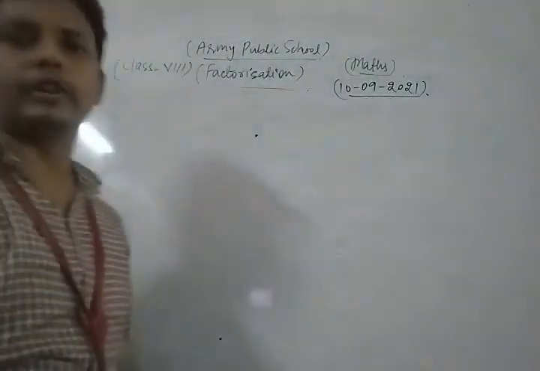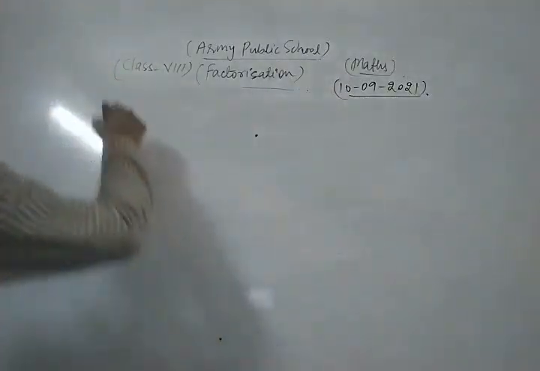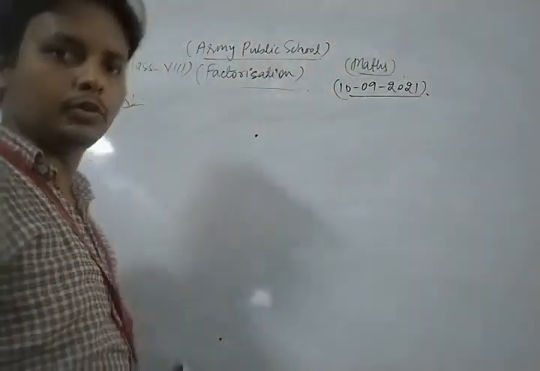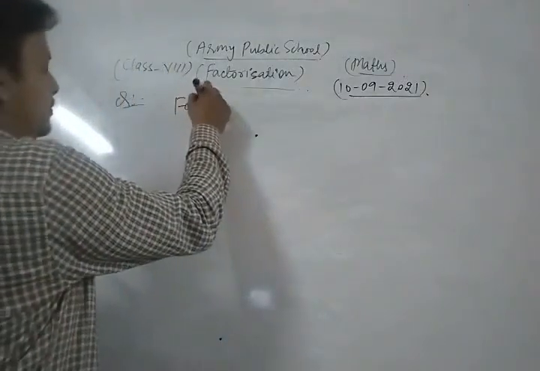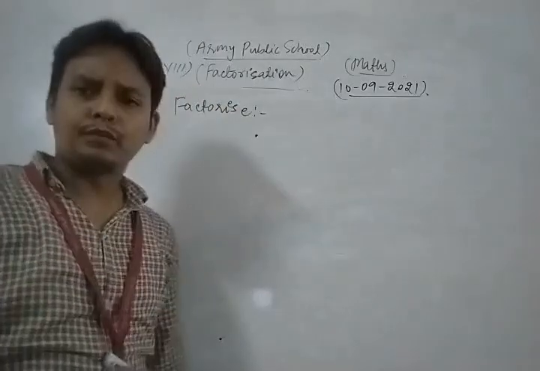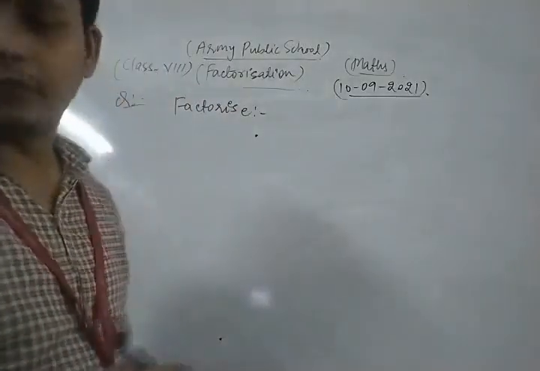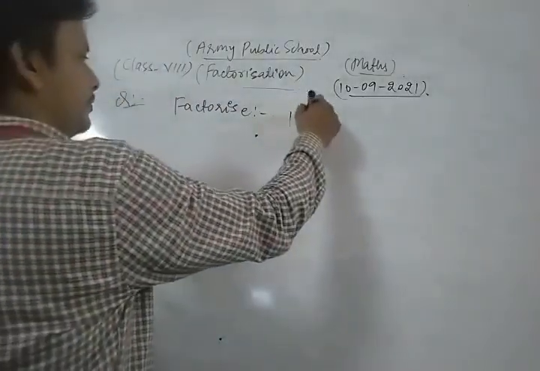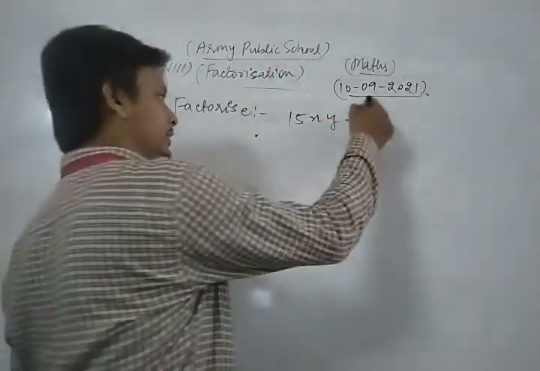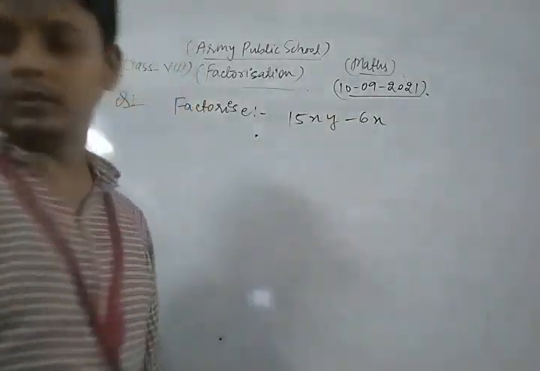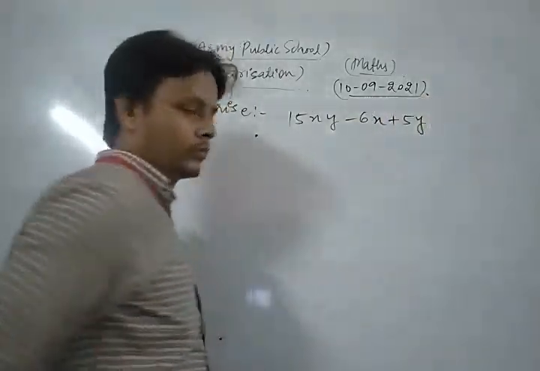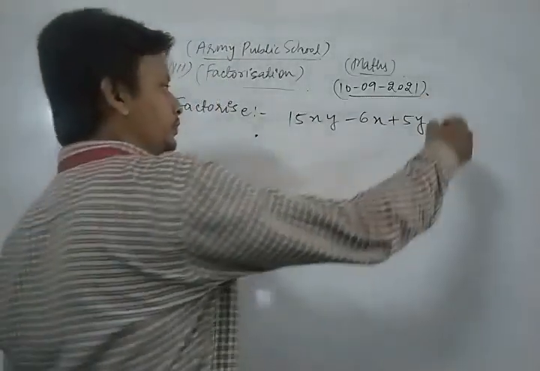Based on factorization, we take the next question of your exercise, and the question is: factorize 15xy minus 6x plus 5y minus 2.